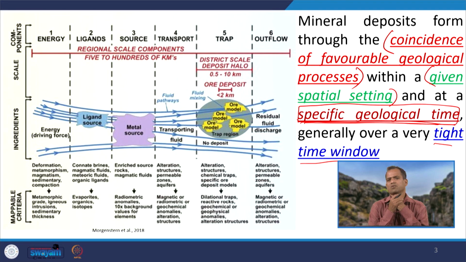Probably you know from your BSc level that we talk about the metallogenic province and metallogenic epoch. So, in that case some specific time is responsible, that is the metallogenic epoch. Then, at last, a tight time window: you cannot extend the mineralization process to millions or billions of years.